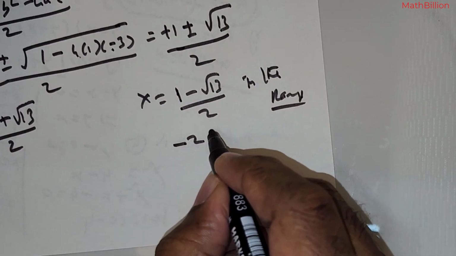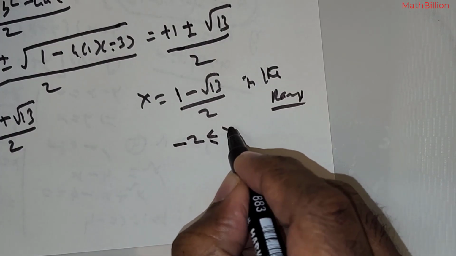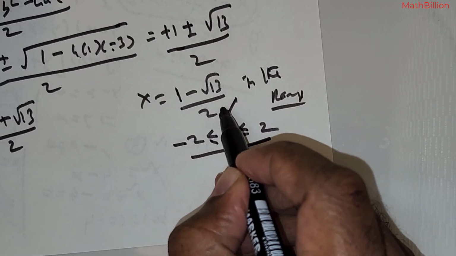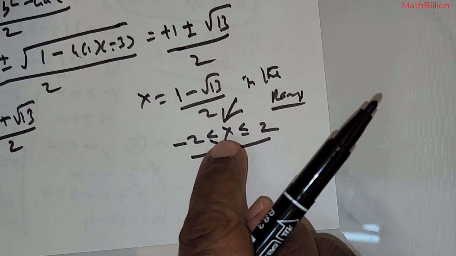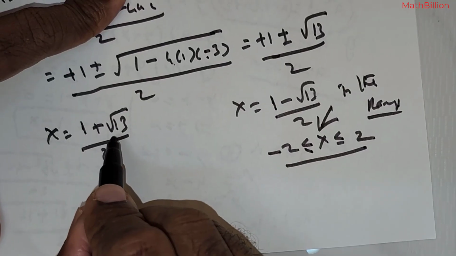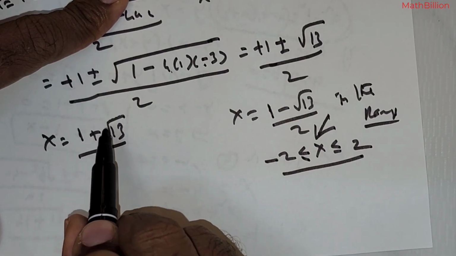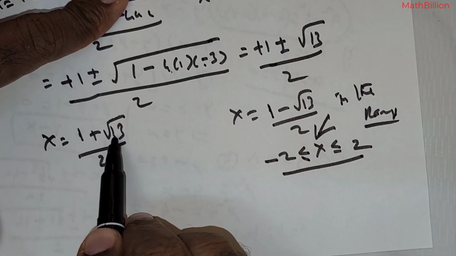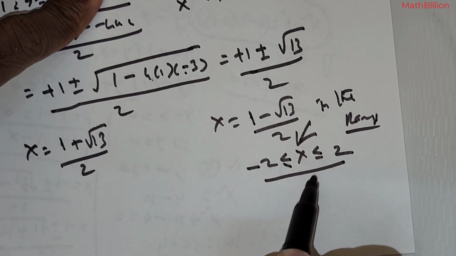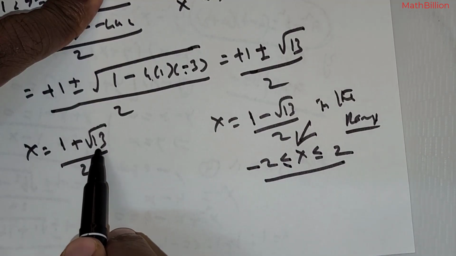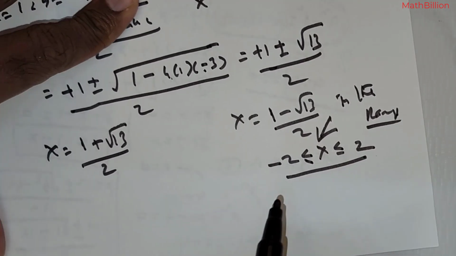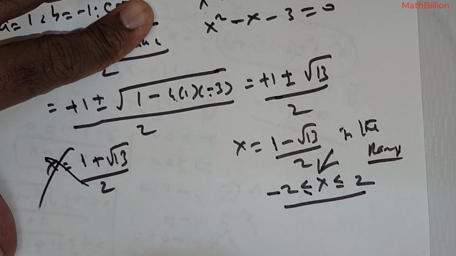But the given range is negative 2 less than or equal to x less than or equal to positive 2, so the value will fall in this range. For this, as I mentioned to you, 4 point something, this will be above the required or specified range, because this will be around 3 point something or so.